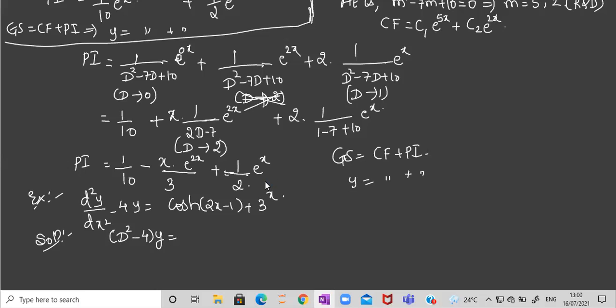So, cos hyperbolic 2x minus 1 is e raised to 2x minus 1 minus or plus? Plus. These confusions are really going to be very problematic. In the exam, you will not be confident about it. So, please, cos means plus, sin hyperbolic means minus.